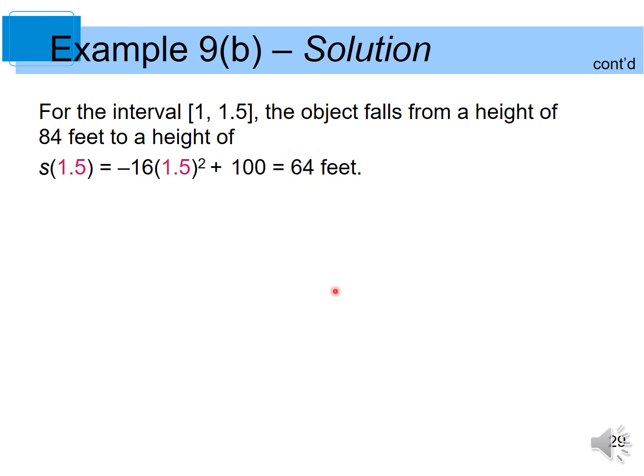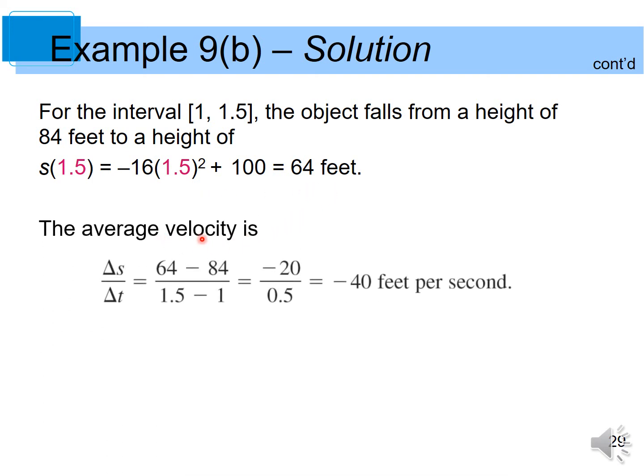And the same for B, from 1 to 1.5. We substitute t equal to 1.5 into the position function, and we have 64 feet. And use the average velocity formula: 64 minus 84 over 1.5 minus 1. The answer is negative 40 feet per second.